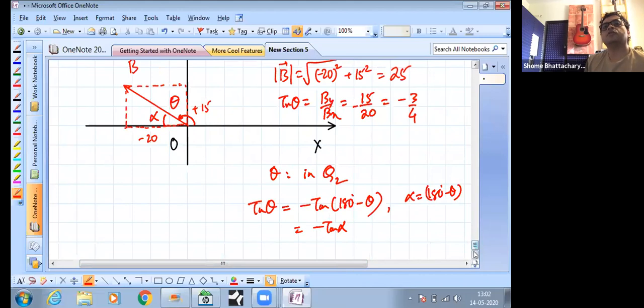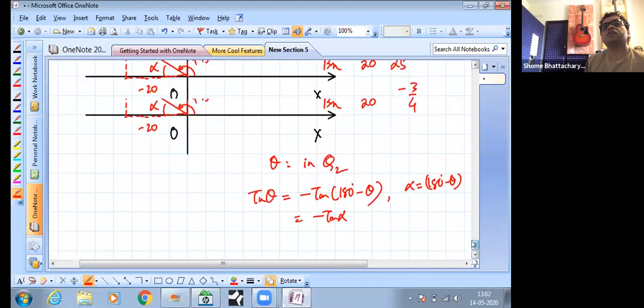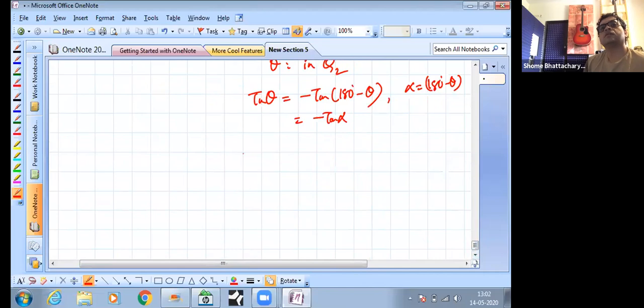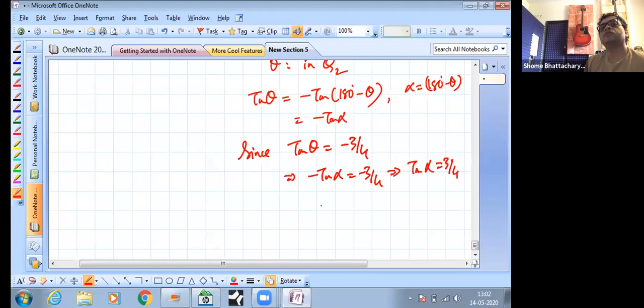So now, since we already know from the components that tan theta is equal to minus 3 by 4, that means minus tan alpha is minus 3 by 4, or tan alpha is 3 by 4. So alpha is how much? Alpha is 37 degrees. So what is the proper theta?